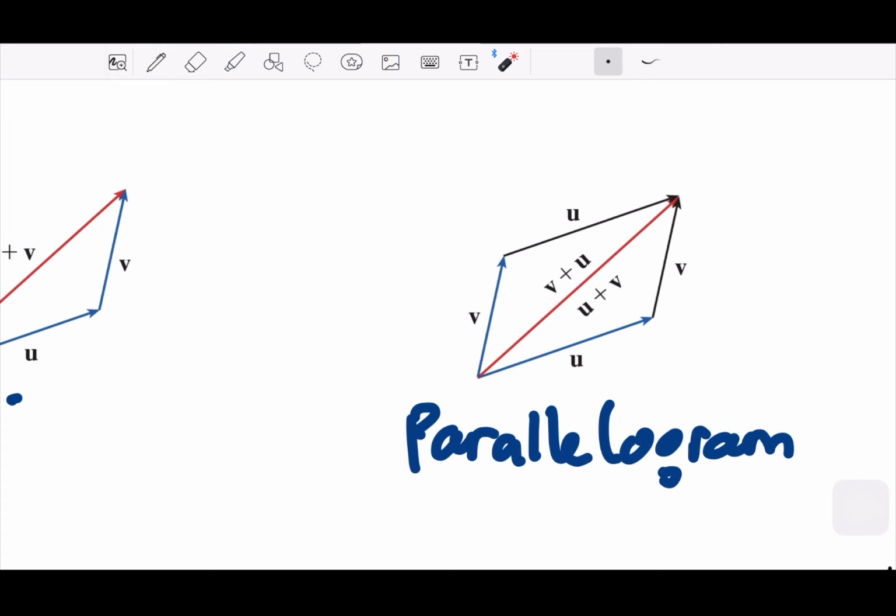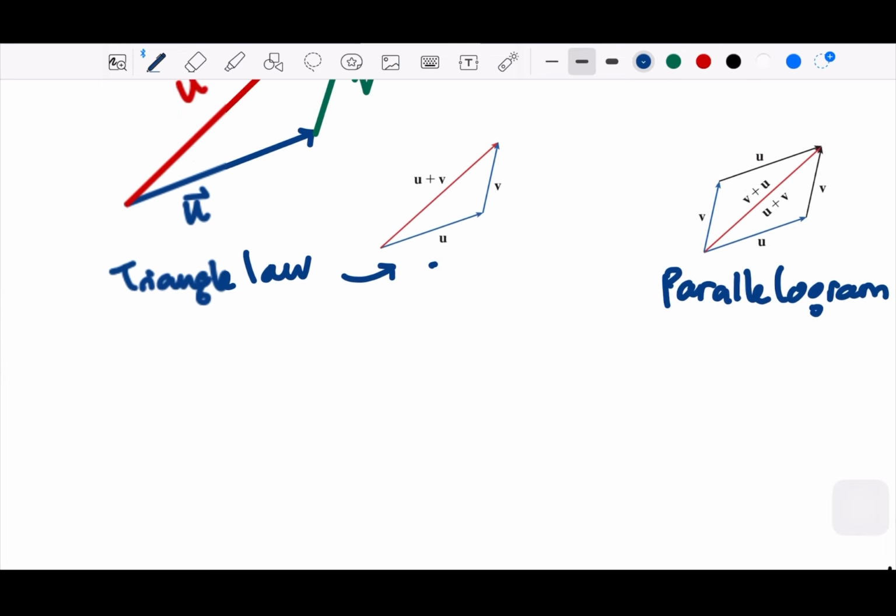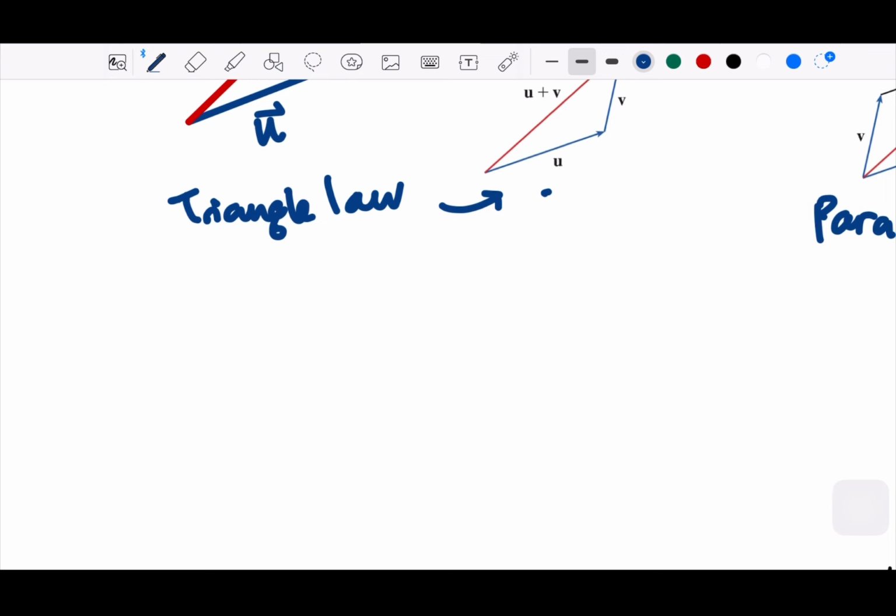We can move these vectors around to build our vector additions, right? And also we can multiply vectors with a scalar, with another constant, another magnitude.